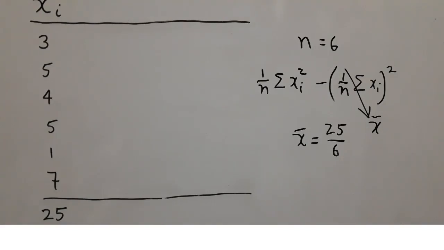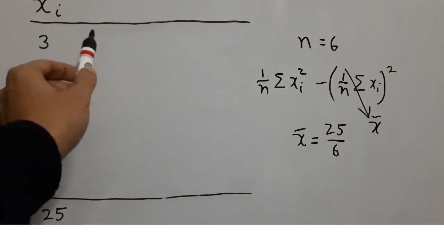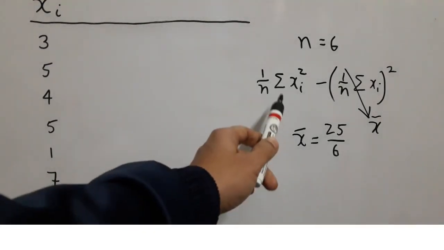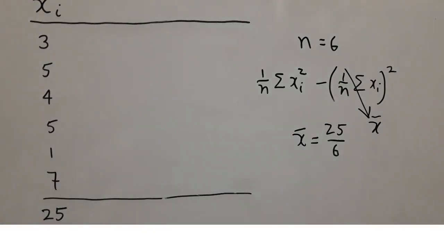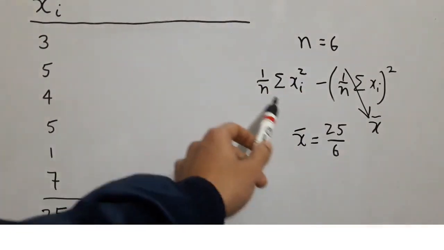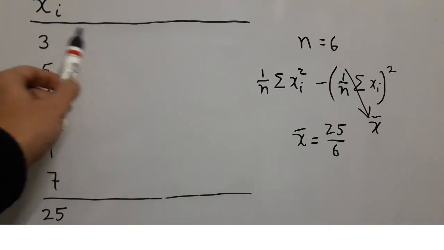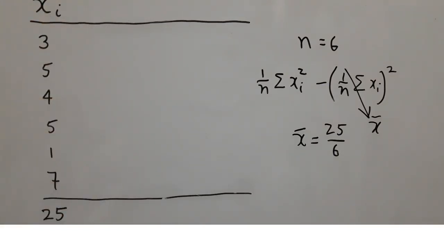Now in the last case, we had to subtract this number from each one of them, create another column. But here I do not have to compute xi minus x bar anywhere. Instead, I need to compute this sum, summation xi squared. So I shall just square each of these numbers and create another column here.